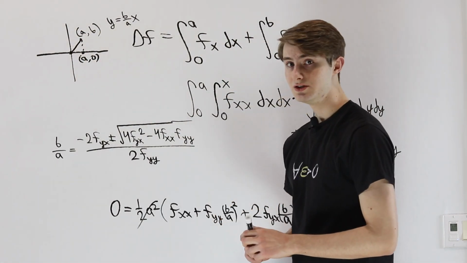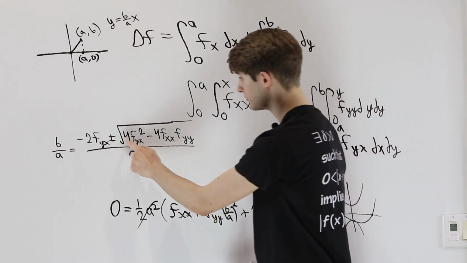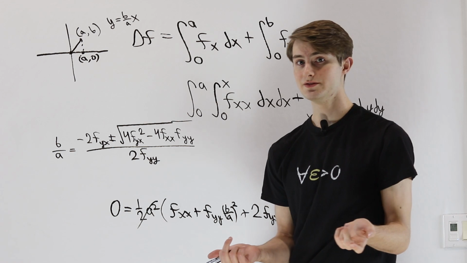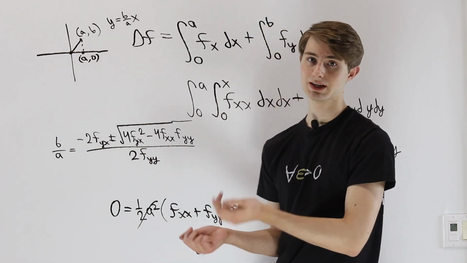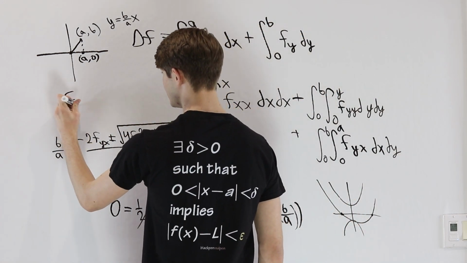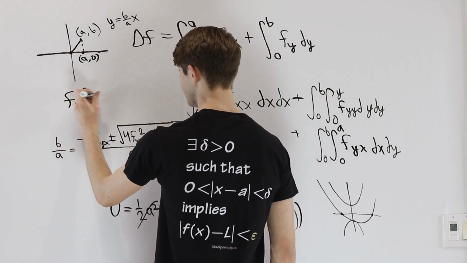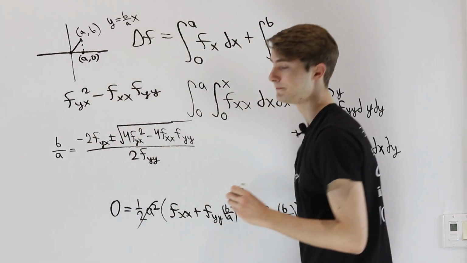So what we really need to focus on is what's inside of this square root. We don't have to worry about the 4 because 4 is multiplied in everything, and 4 times a positive number is still positive, 4 times a negative number is still negative. So what we want to look at is f sub yx squared minus f sub xx, f sub yy.